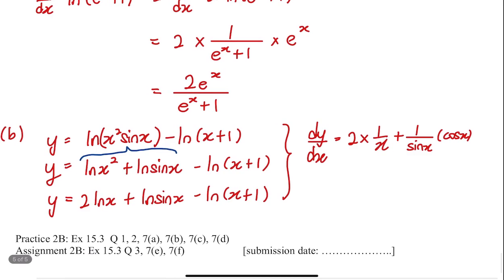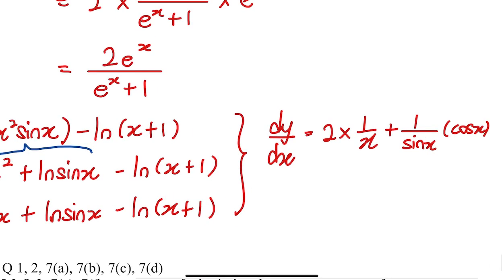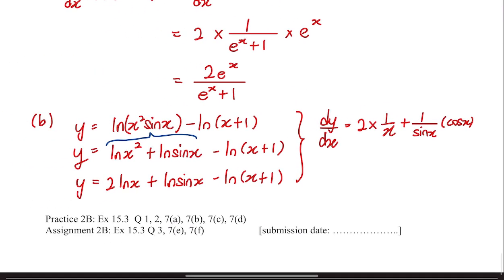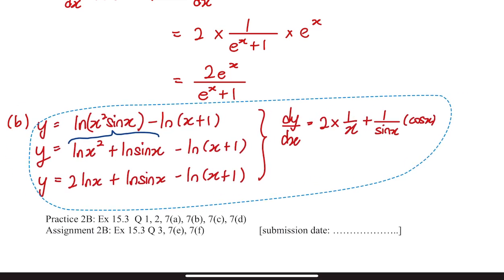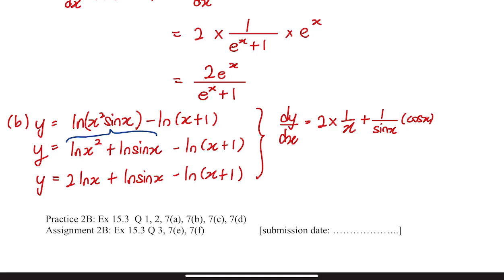Then now the last one, differentiate negative ln x plus 1. Let me highlight so that you can see this 2 ln x, when I differentiate this, I will get this expression here.